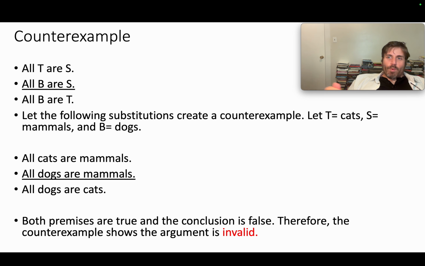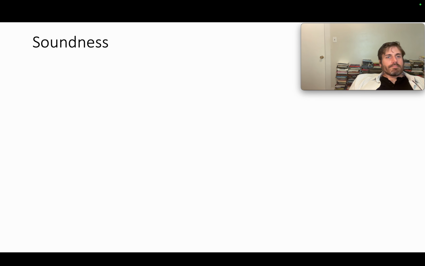So this is a case where the counterexample method, or the substitution method, shows that our initiating argument is invalid. We're going to be doing a lot of work with counterexamples and formalization. If you're a little bit confused about it at the moment, that is okay, that is understandable. We're going to be developing this skill over time.